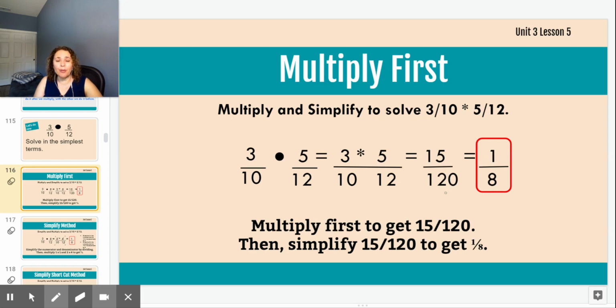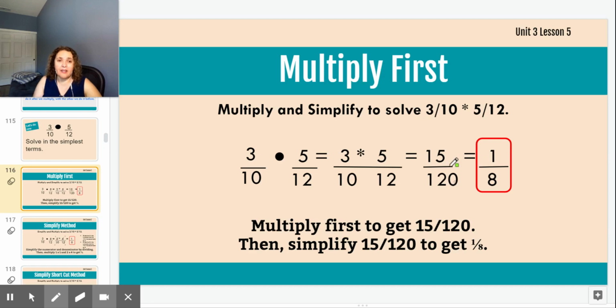Now I need to simplify 15 over 120 in simplest terms. I need to find out what factor they all have in common. So then I can think, okay, what can I divide 15 and 120 by? Can I divide both of them by 5?